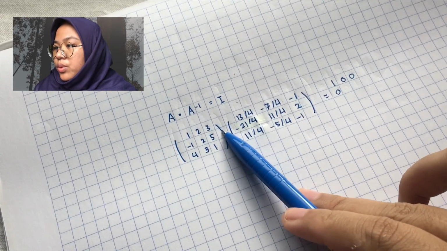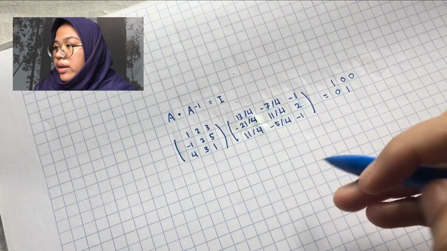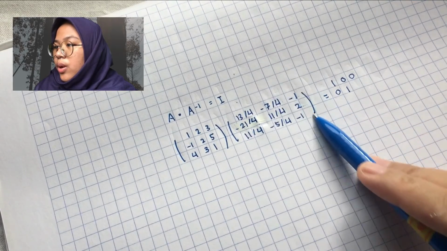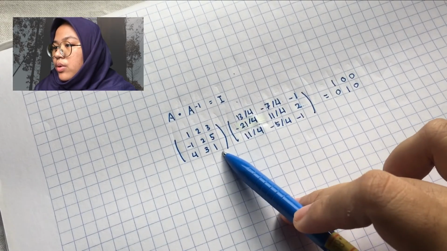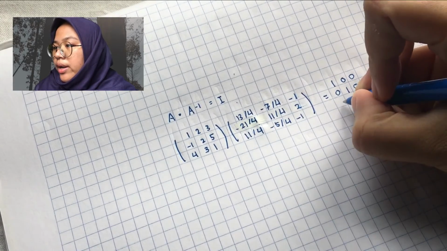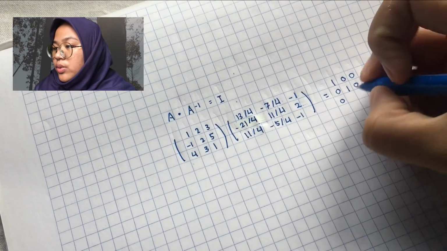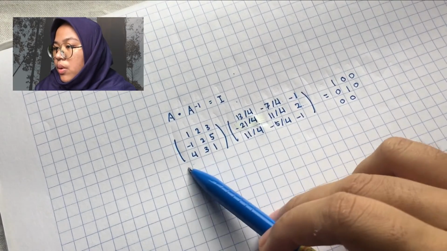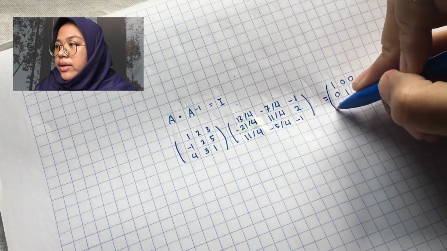Row 2, column 2, the answer is 1. Row 2, column 3 equal to 0. Row 3, column 1, 0. Row 3, column 2, 0. Row 3, column 3, 1.